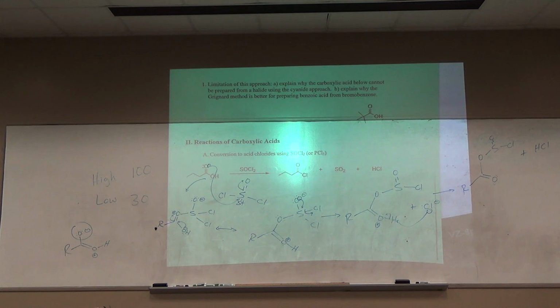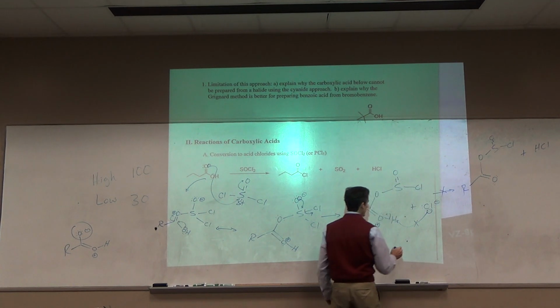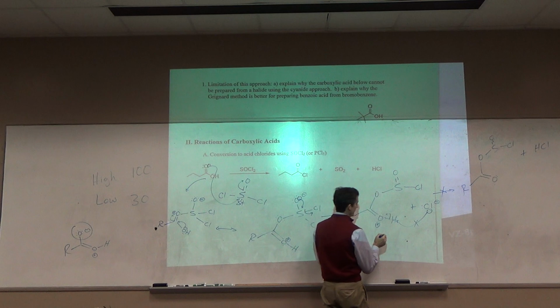I actually do not want to do that now that I look at it, because we don't have another Cl. Because what would I do next? Now I want to do what you said, but I don't have the Cl. I used it. I recognize that now. So I don't want to do that. I need a Cl to do this, though.